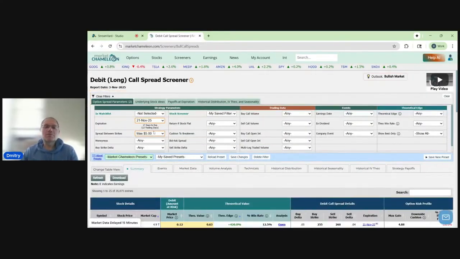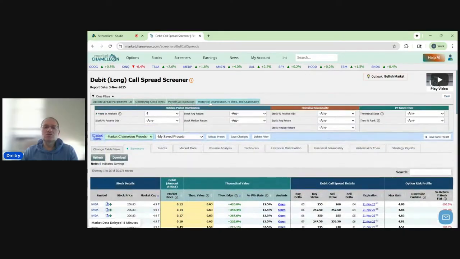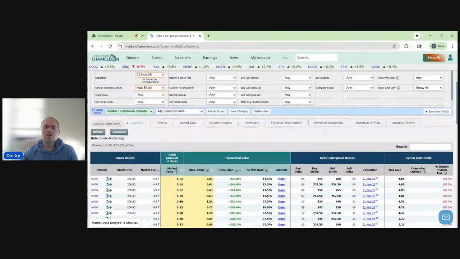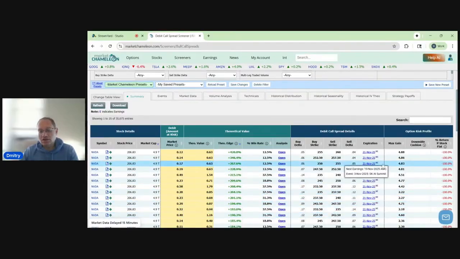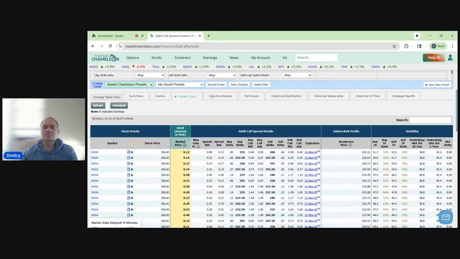And this will take us to our screener. You can see up top here, we have our filters that we could tab through. And then below, we have our data elements and analytics for different combinations of call spreads. We also have different tabs here.